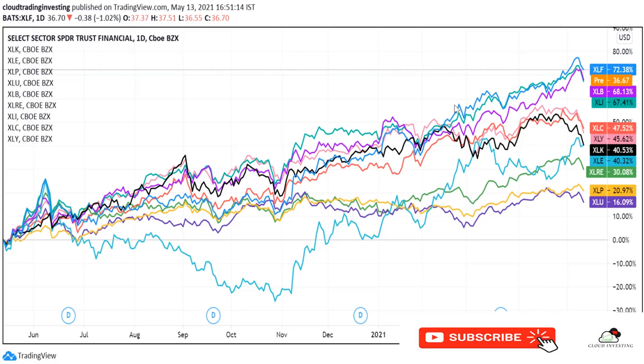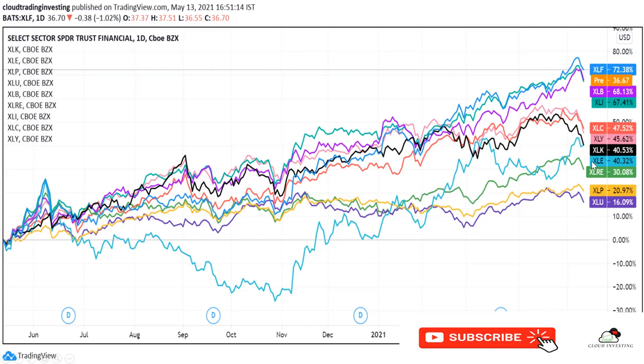So, okay, just now we talked about diversifying. We have to diversify across sectors, right? This is a chart that shows, from last year May until today, all the sectors from SPDR. You can see that finance, XLF, is actually the strongest in the last year. Then technology, XLK, is actually not the highest.